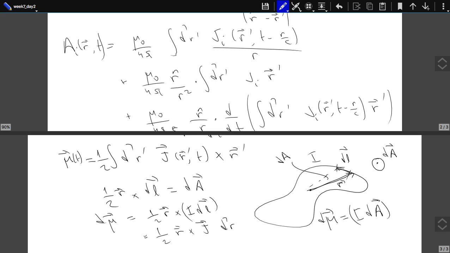Here I have the R prime cross J. This is my expression of the magnetic dipole moment of an arbitrary current density. Do you agree now? Now this expression is valid for any current density, not necessarily one lying on a plane carried by a wire.